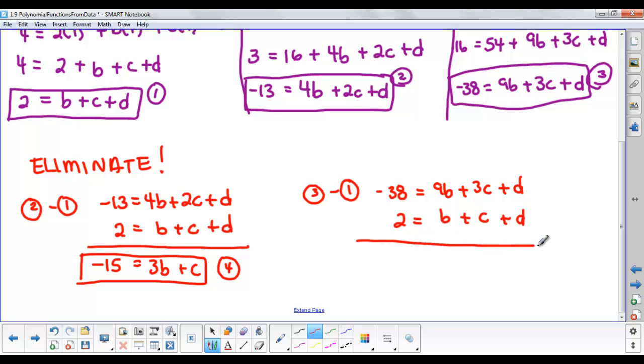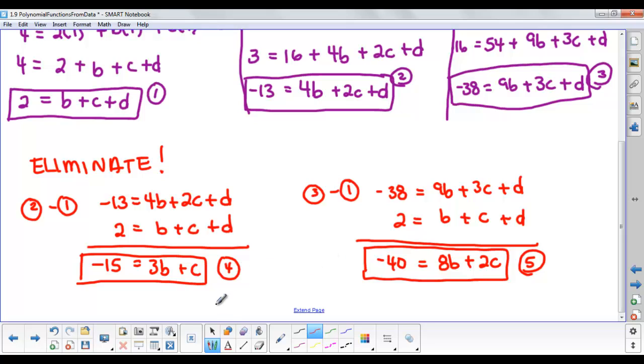So when I go ahead and subtract, negative 38 take away 2, 9b take away 1b, 3c take away 1c, and then d take away d is gone. So we're on the right track. We've eliminated d again. We'll call this equation 5. And so now equation 4 and equation 5 have two variables. So I'm sure you can imagine where this is going now.